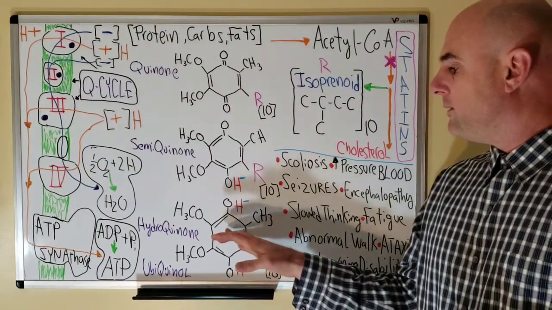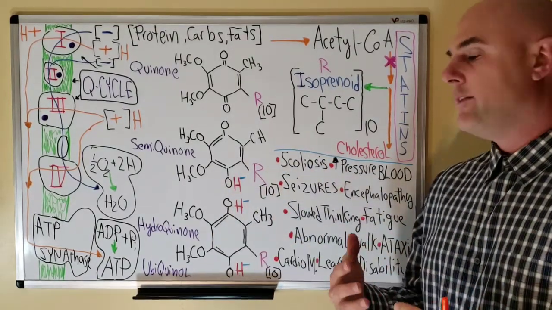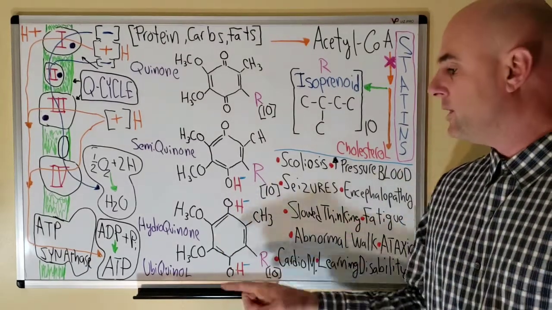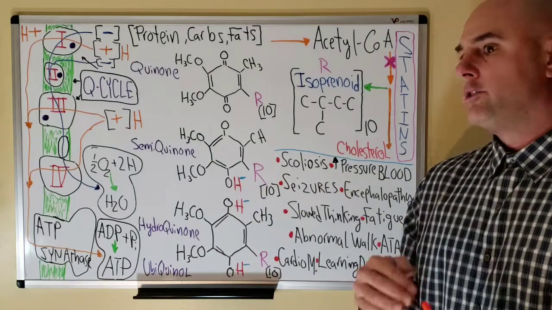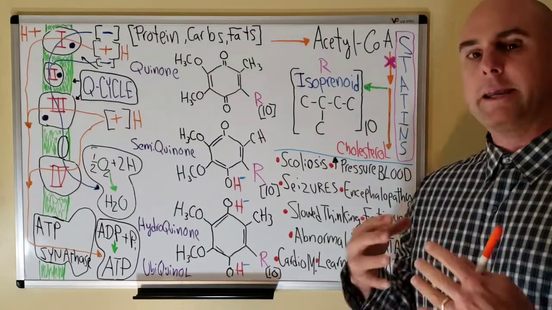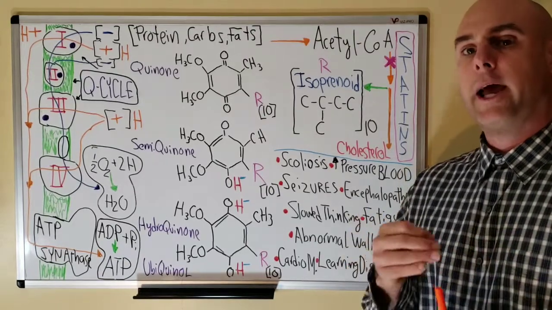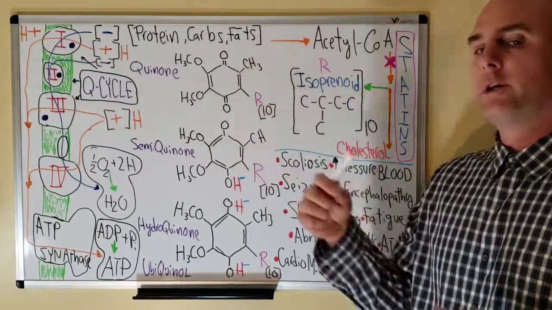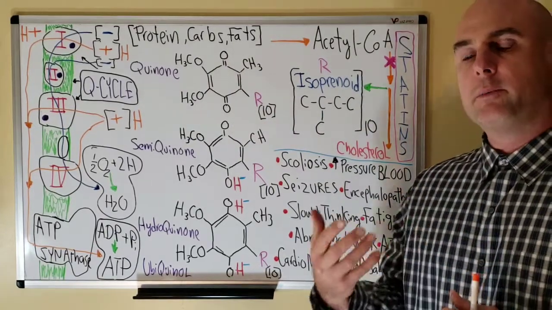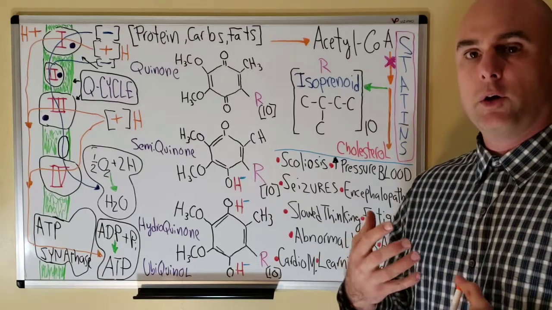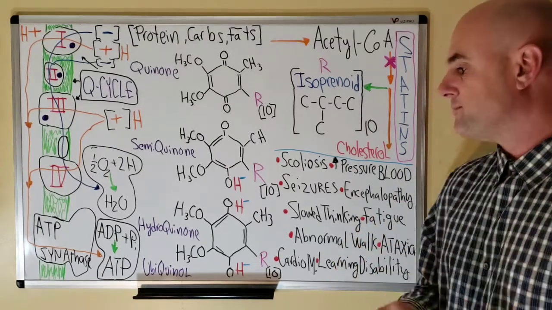Now, the version of CoQ10 that has 2 electrons bound to it, that is completely reduced, is called ubiquinol. It is speculated that anyone over the age of 30 has a harder time absorbing the oxidized version of CoQ10, and some doctors would recommend that you take a ubiquinol version of CoQ10 for better absorption.